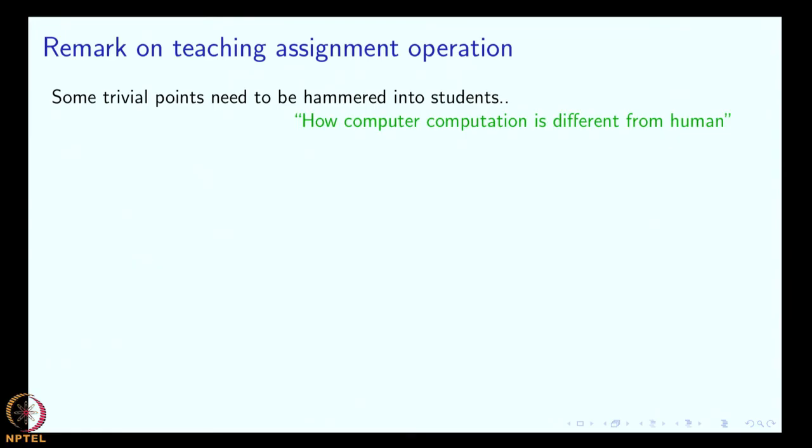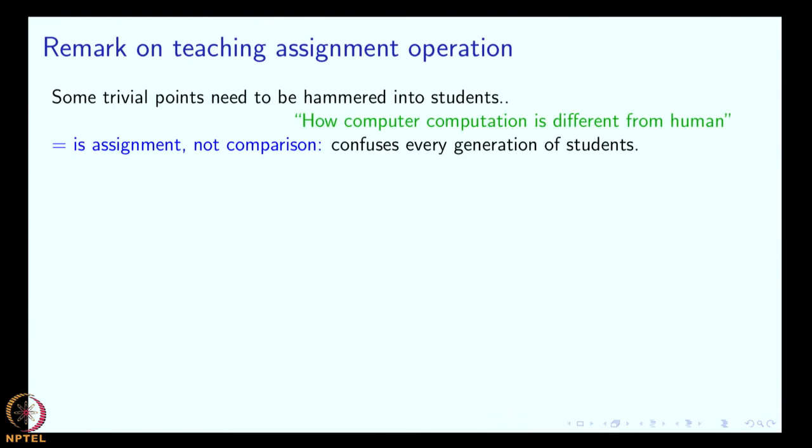Here is a more low-level manifestation of the same principle. Equality, when we talk about it, might mean mathematical equality, some kind of comparison, whereas on a computer, equality typically means assignment.